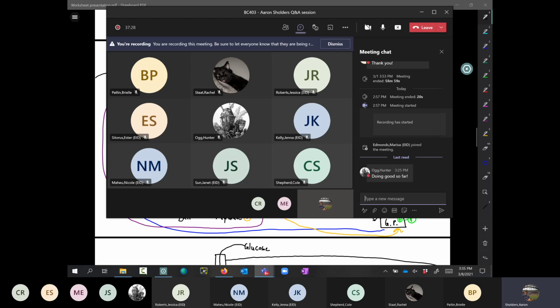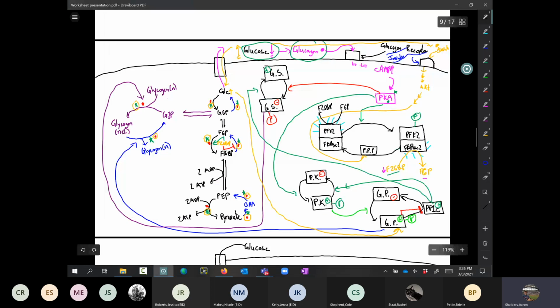Now again, I can't emphasize this enough. I've said it a couple times. It's good for you for me to draw this for you, it really is, but you have to do this yourself. The student that's going to get an A on this next exam is going to be the student that's able to, from scratch, draw something like this.